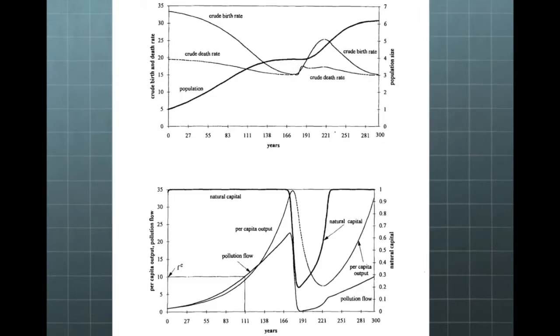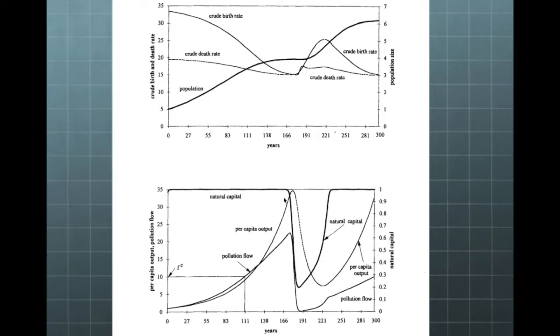Here's yet another scenario. This is a scenario that they call escape from environmental catastrophe, where they put this coefficient of pollution abatement at a value of 100, which is much higher. This means that the human population is able to abate pollution, primarily because of technology, much quicker. This implies that population can grow and continue to grow.